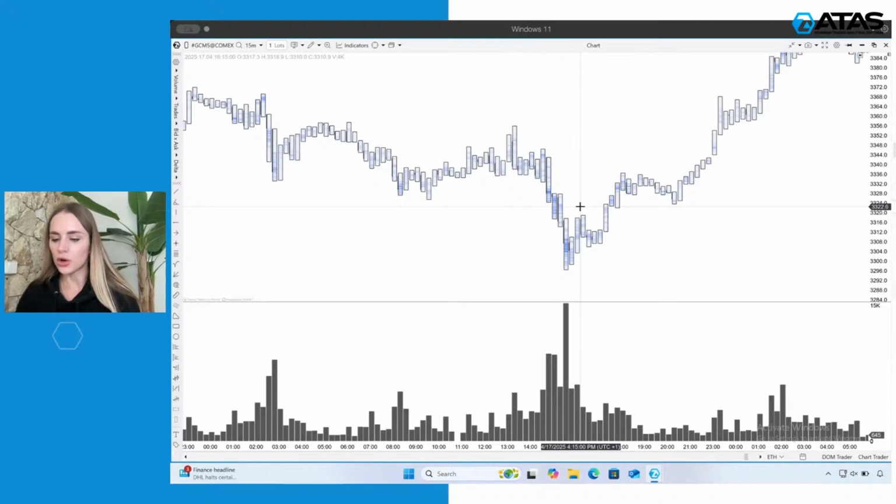Okay. So the first practical setup that we are going to be exploring today is a reversal scenario. This is when the market has been moving in one direction, either up or down, for a while, and we are looking to catch the moment when the move exhausts and reverses.